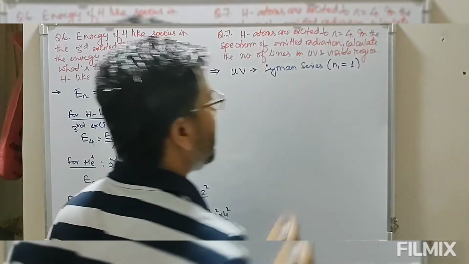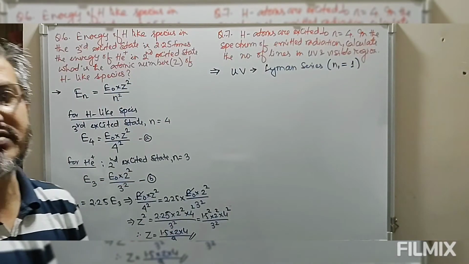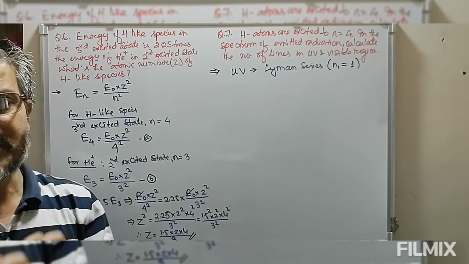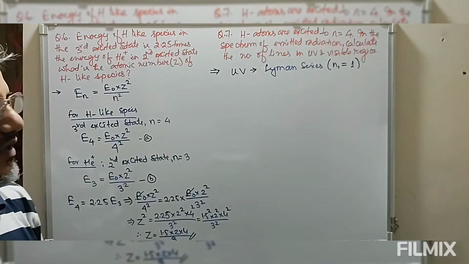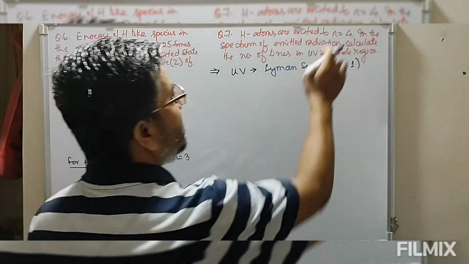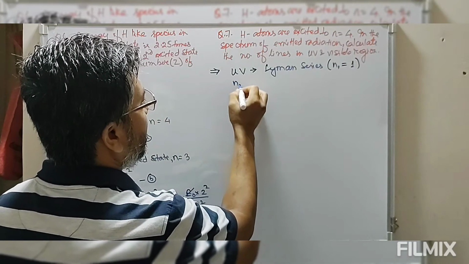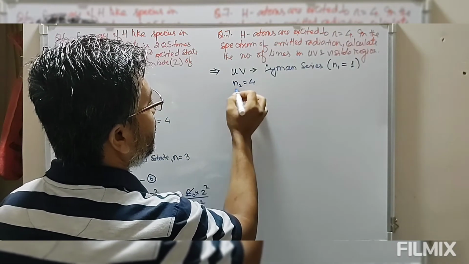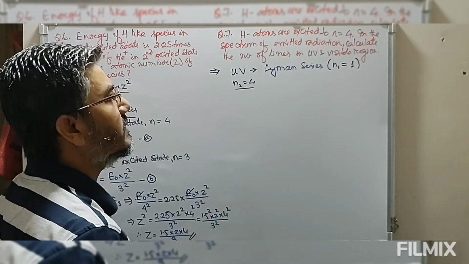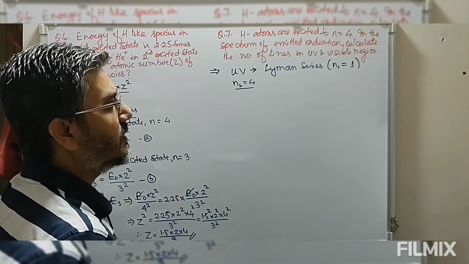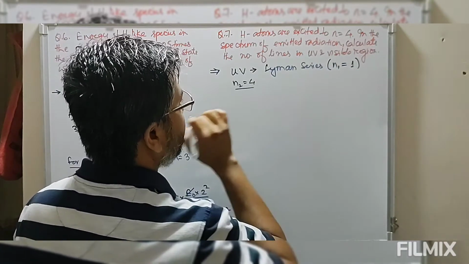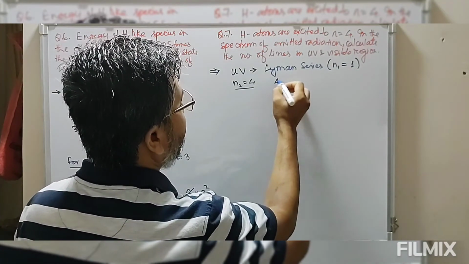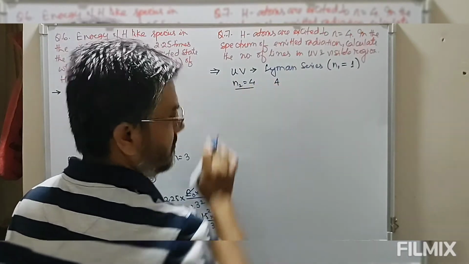When an electron comes from any excited level to the ground state, those lines will always be observed in the Lyman series, which is nothing but the ultraviolet. Now look at this, the electron is coming from n2, and n2 is equal to 4. Now this electron which is at the 4th level will move to the ground state. Now we can look at the direct transition of this electron.